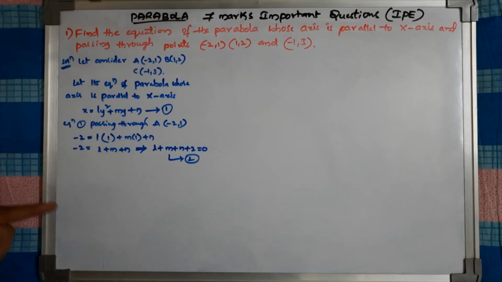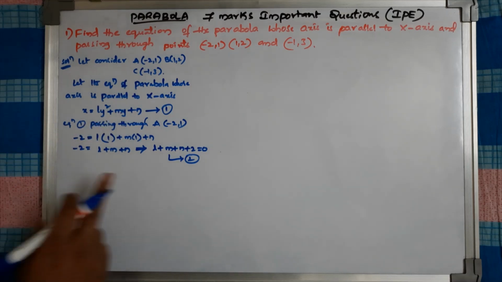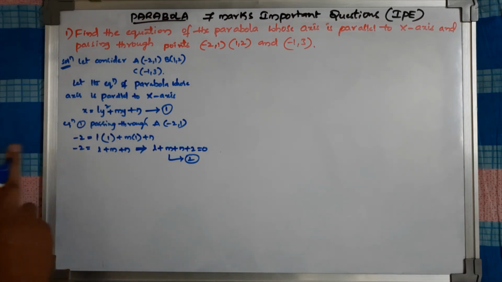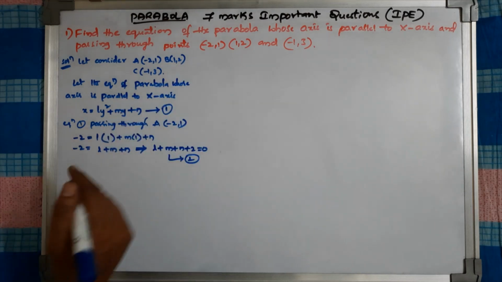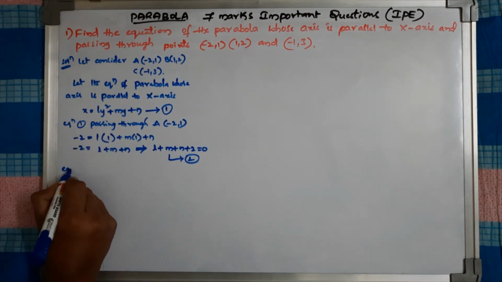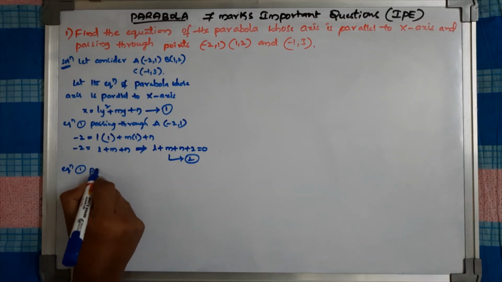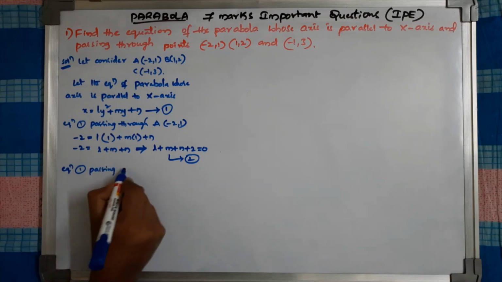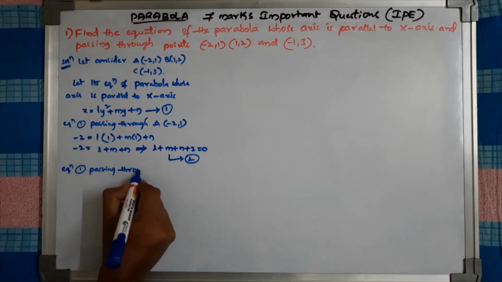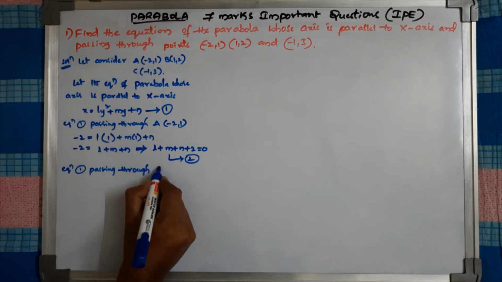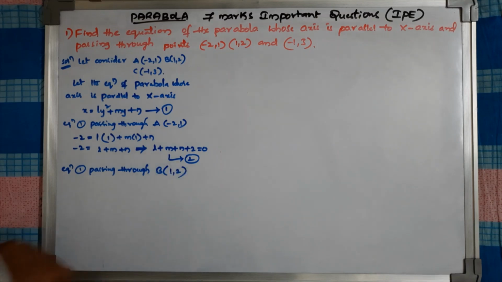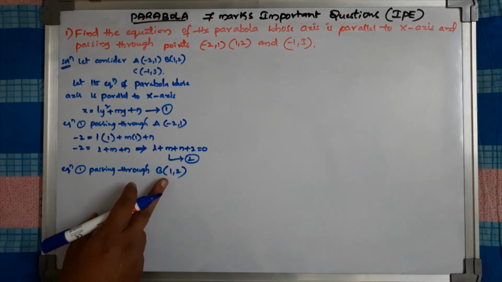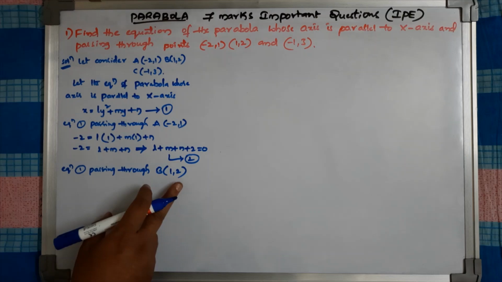We get two equations. The first one is the required equation and the second one is the derived equation which is passing through A (-2, 1). And the equation is also passing through B. So equation 1 passing through point B, which is (1, 2), so the x coordinate is 1 and the y coordinate is 2.